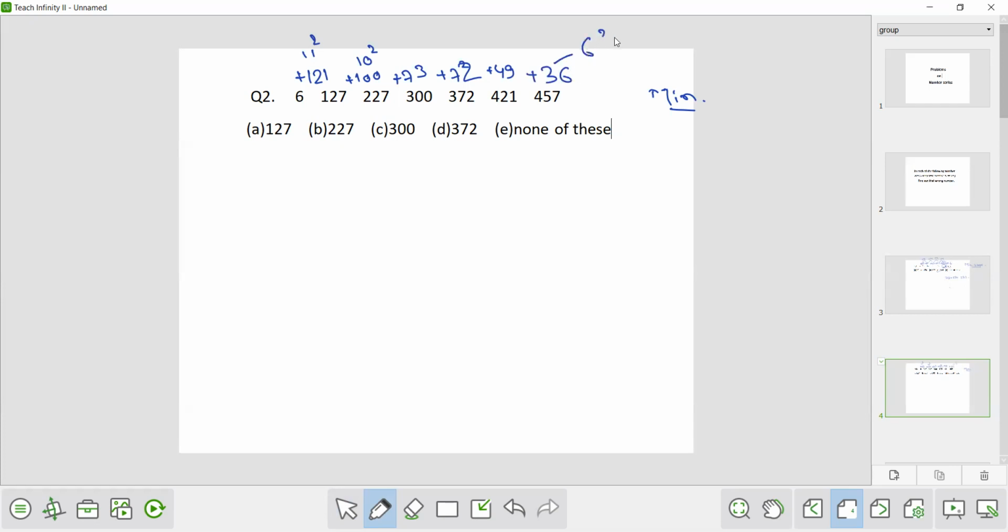This is 7 square, this is 6 square. So the rule is confirmed: 11 square, 10 square, then 9 square, then 8 square. So it should be 227 plus 9 square, that is 227 plus 81. So it should be 308 instead of 300. Our wrong number is 300. So C is your answer for this question.